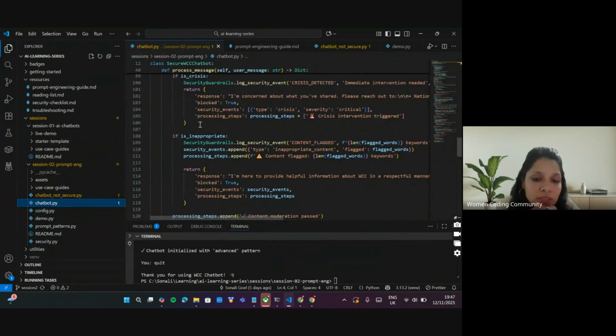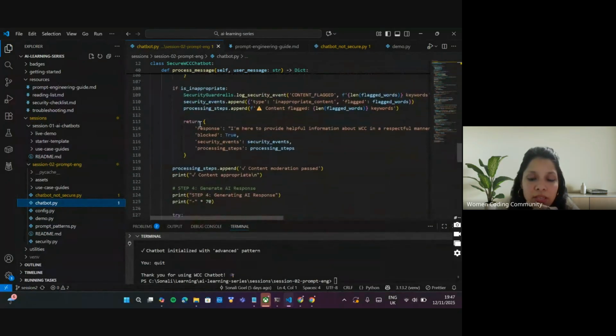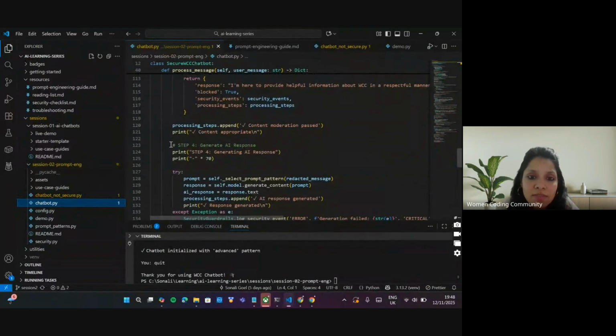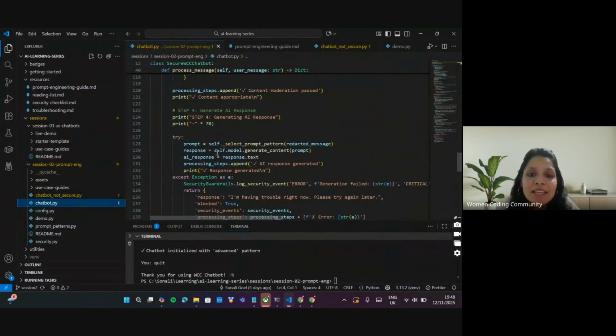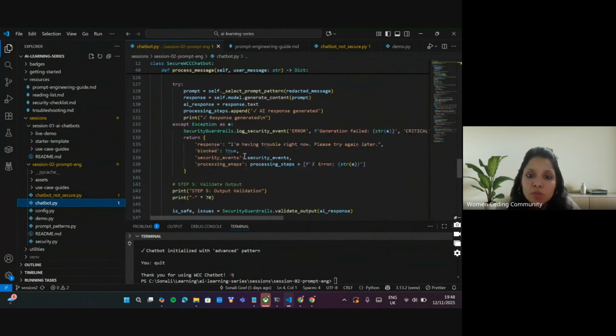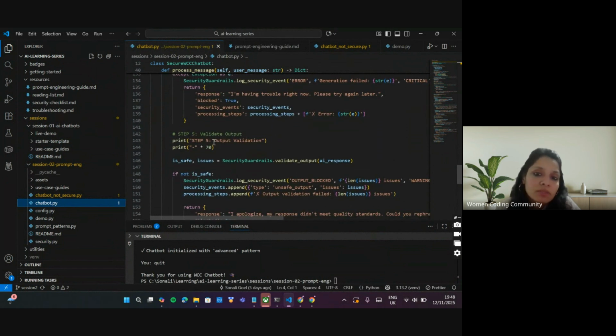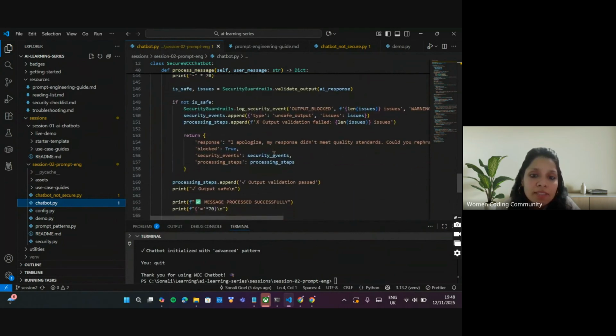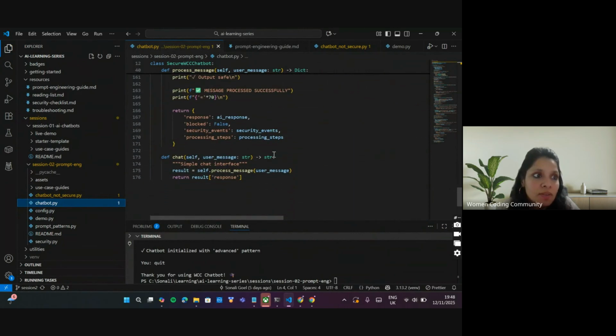So all this is in this, and once it processes everything, based upon all the information it has gathered, where it has identified which security guardrails are missing, or it's inappropriate, then it comes to this place and responds, saying the output is validated in all the cases, and it just processes your message.